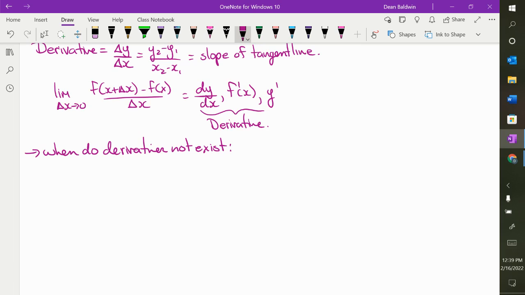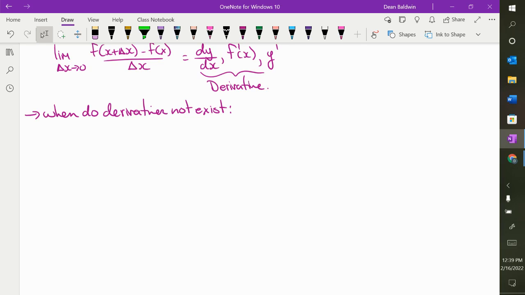It's not continuous, so there's a hole at that point. Okay, that's not always the case, but is in this one. So I'm going to call it an undefined point. Like that.